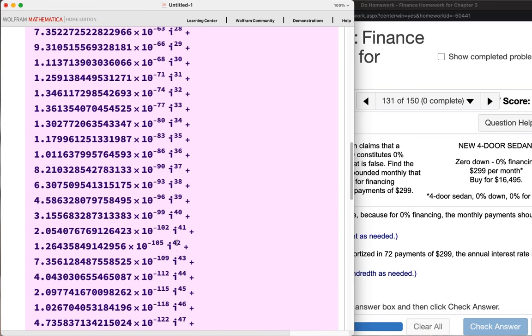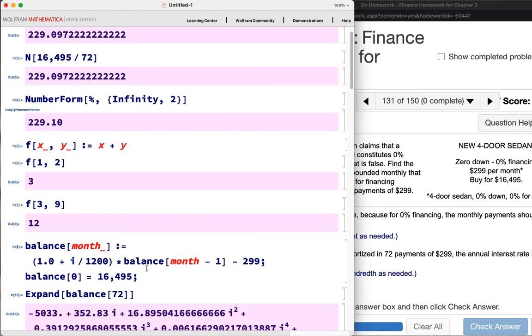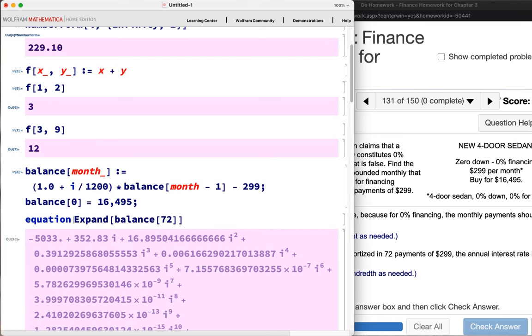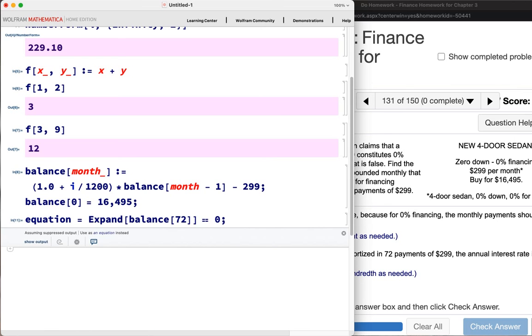So here, I'm going to save this result in a variable called equation, and I'm going to set it equal to 0. I don't really have to see the entire output, so I'm going to suppress the output with a semicolon, Shift Enter.